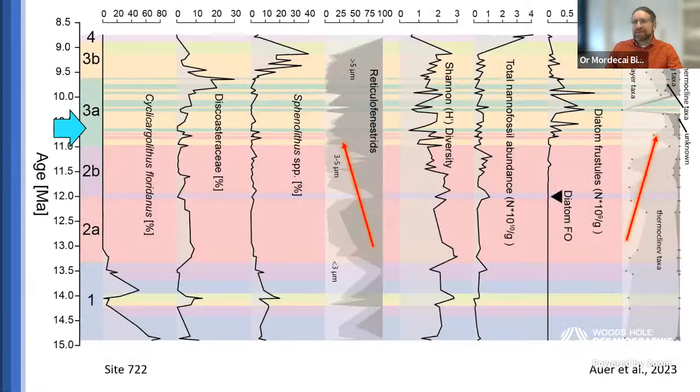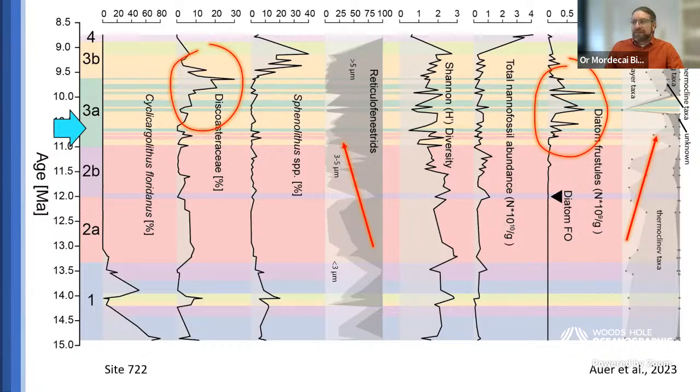And not only that, this period where we're seeing this intensification of upwelling is where we have the highest abundance of discoasters, which we usually interpret to be oligotrophic. But it's also the period where we have the most diatoms, which are definitely not oligotrophic.